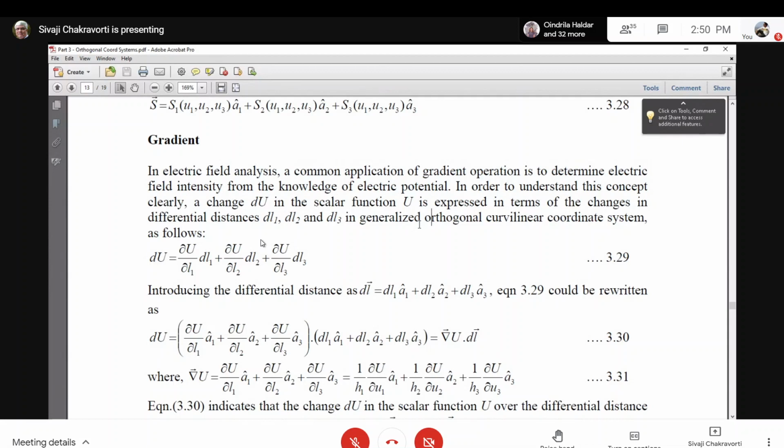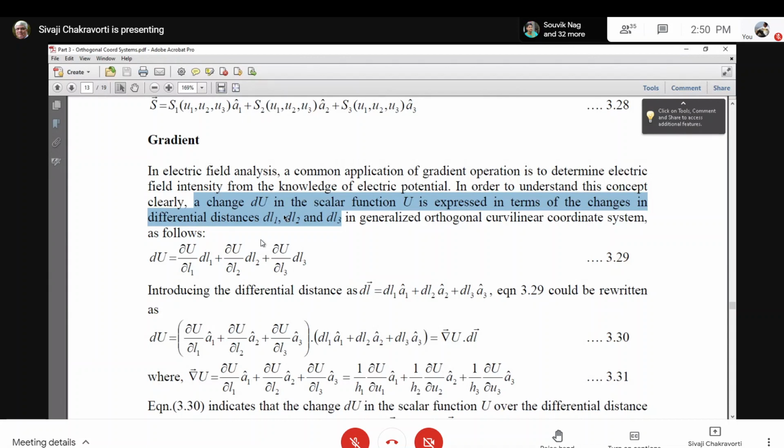Now, in order to understand the concept clearly, a change du in the scalar function u, let's say it is potential, is expressed in terms of the changes in the differential distances. Remember, these are distances, not the coordinates: dl1, dl2, dl3. Gradient is always in terms of distance, not in terms of coordinates. This confusion comes only because of the Cartesian system, where the distance and the coordinate changes are the same.